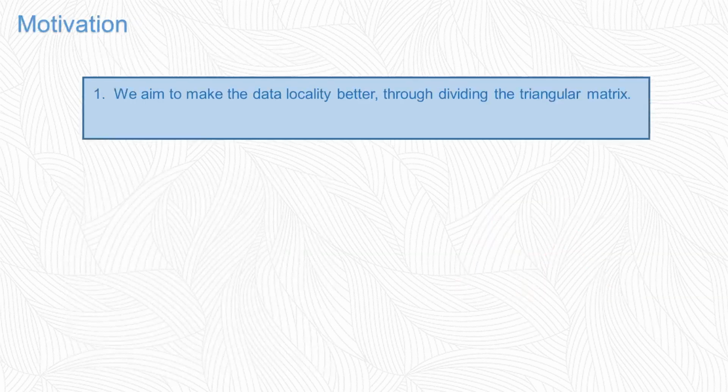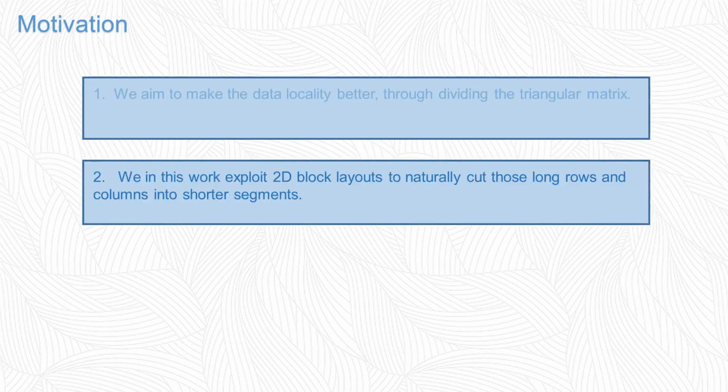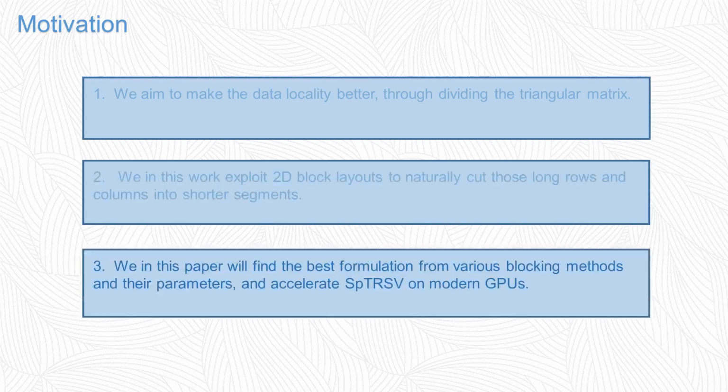We have 3 motivations. First, we aim to make the data better located by dividing the triangular matrix. In this work we explored 2D block layouts to naturally cut those long rows and columns into shorter segments.